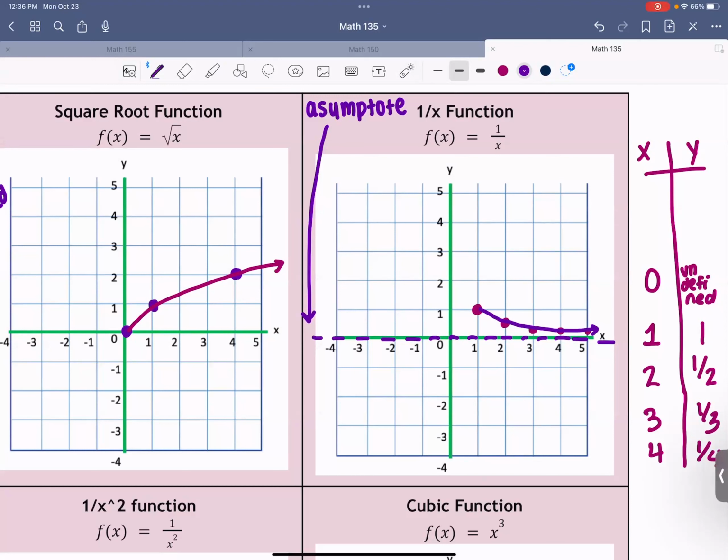All right, let's do negative numbers. When x is -1, what is y? What's 1 over -1? -1. What's 1 over -2? -1/2, and then -3 is -1/3.